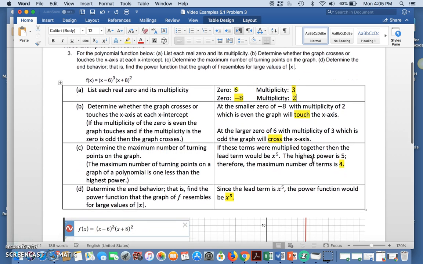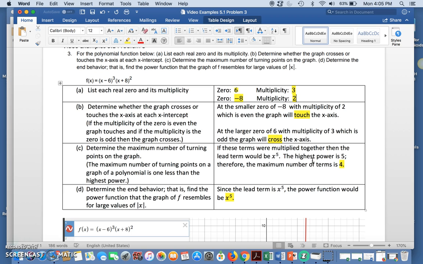Then part C says determine the maximum number of turning points. The maximum number of turning points of the graph of a polynomial is always one less than the highest power. This is important here, so we highlight that. If you put this all back together, this term would be an x cubed, and this would be an x squared.